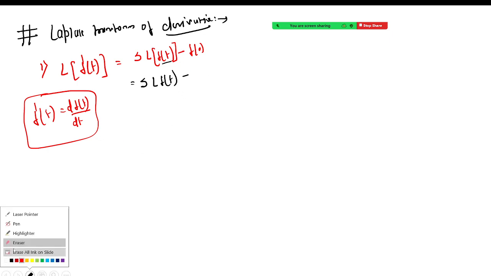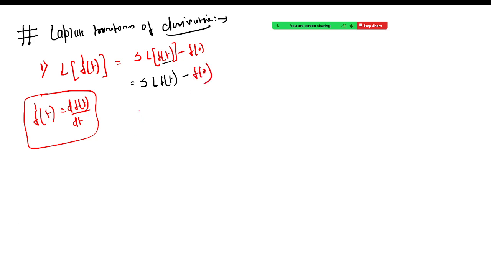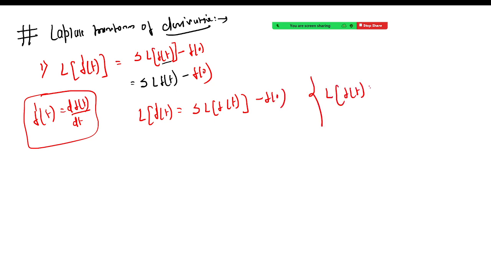These things you need to remember, because we don't have to prove them here. So the Laplace of f dash t that you want to calculate equals s into Laplace of f(t) minus f(0). And we know Laplace of f(t) equals F(s). So the Laplace of f dash t equals s multiplied by F(s) minus f(0).